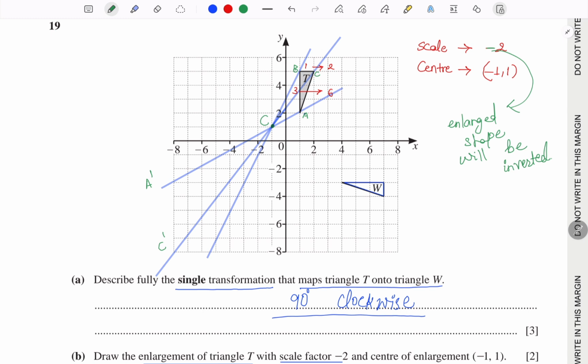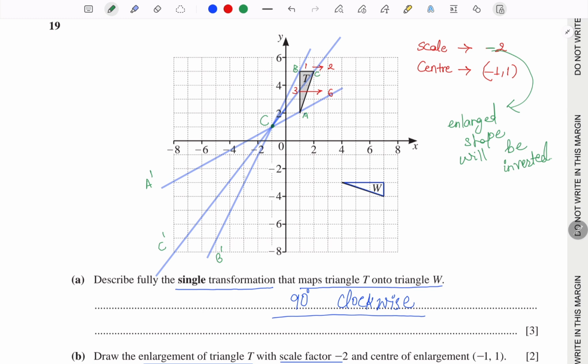And this one is passing through B, so this will be B dash. Now we know that the scale of enlargement is -2, so all the sides will be doubled. So this BC will now become B dash C dash and its value should be 2.